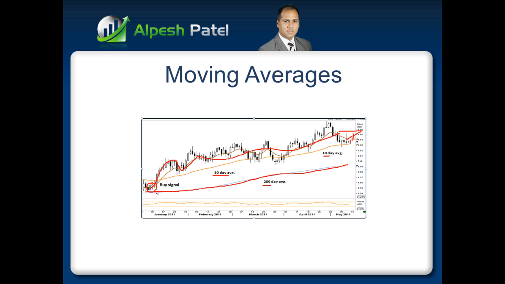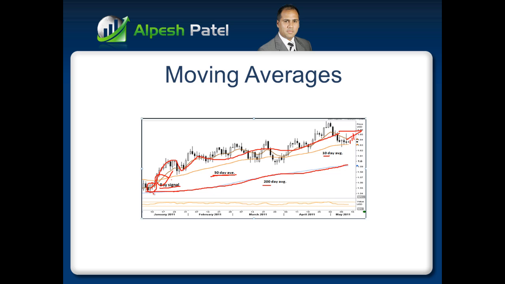And others will do something which is a little bit similar to that, which is they will take as a buy signal when the shorter term moving average, for instance the 50-day moving average, moves through the 200-day moving average. So when there's a crossover, there you see the crossover between the longer and the shorter term moving averages.